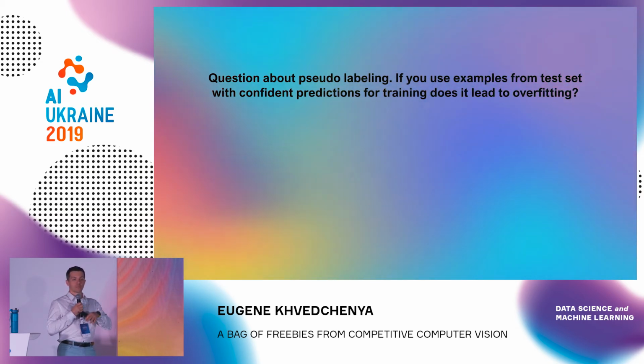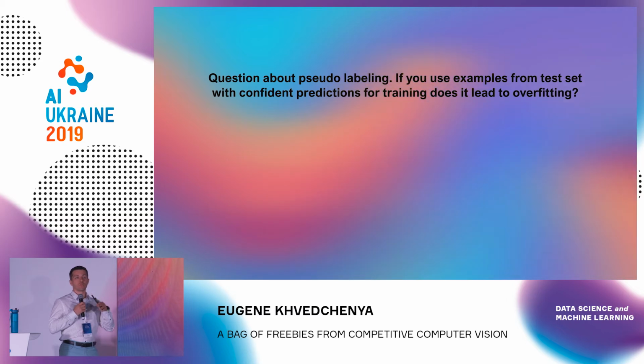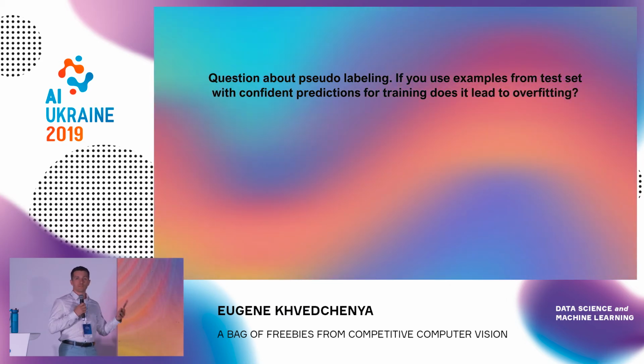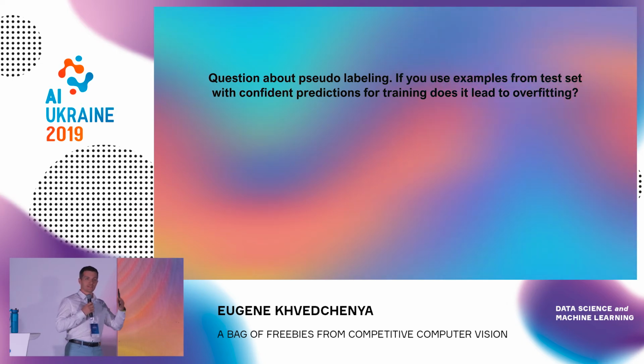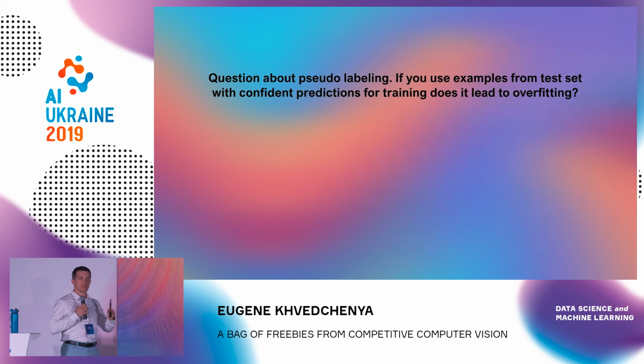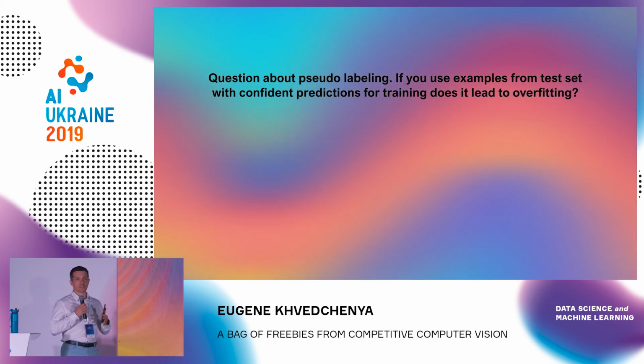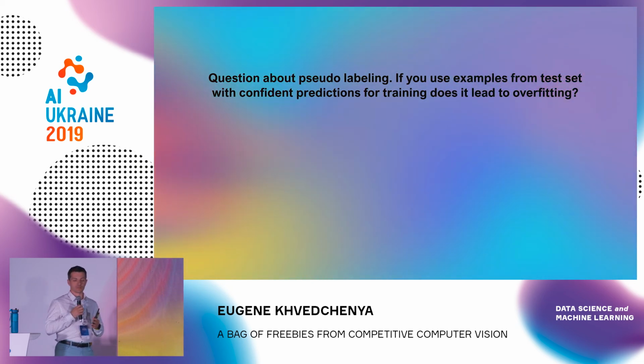And still, when we are doing pseudo-labeling, we add our pseudo-labeled samples to the train set that still remains unchanged, so that with this we kind of try to sit on both chairs, so to say.